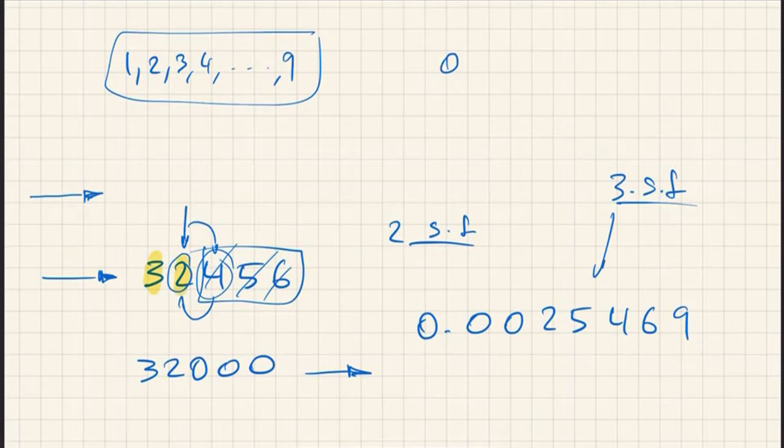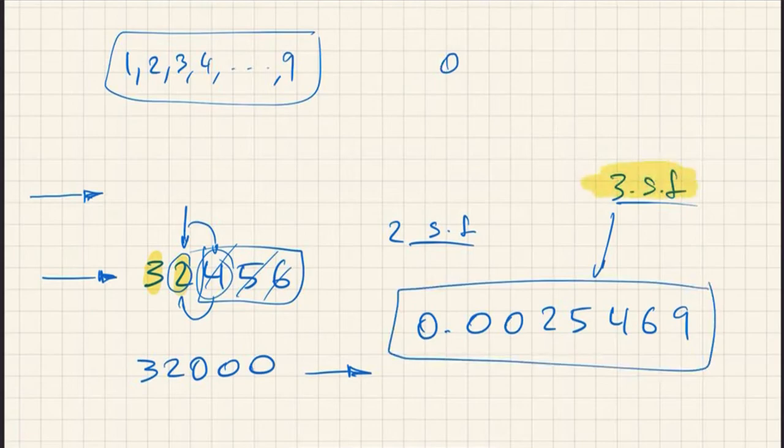It's going to be 0.25? Wait, no. It's going to be 0.0025, but no, wait. The 2 zeros before them are not significant, so it's just 25, yeah.